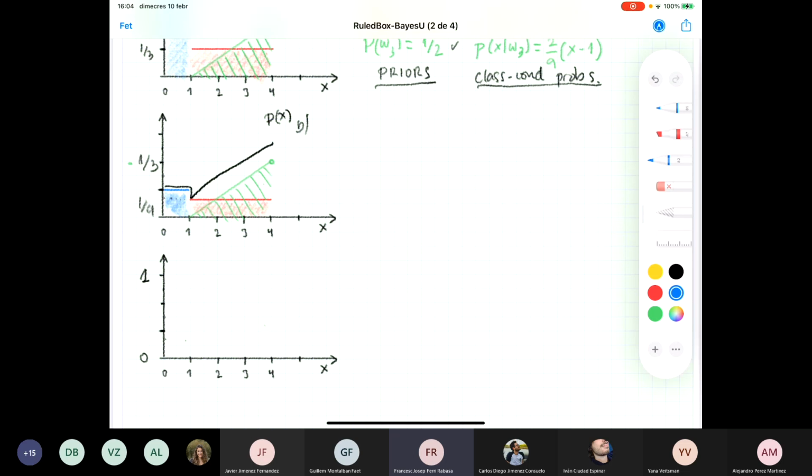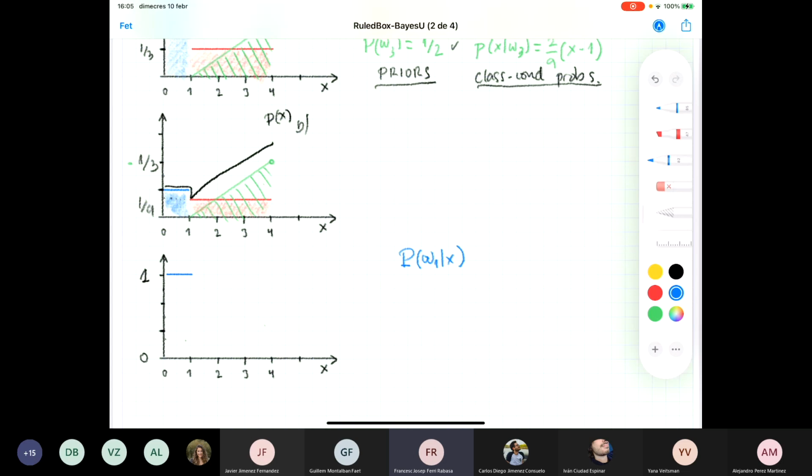Because for class 1, we have this blue line divided by the black line, which is the same in this range. So we have exactly this: 1 between 0 and 1, 0 otherwise. This is the posterior. It's okay.